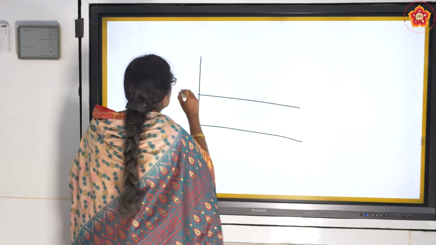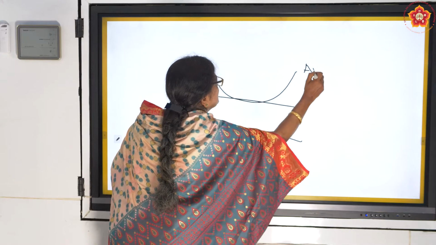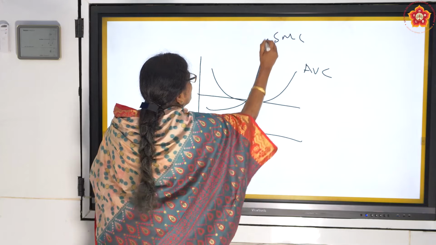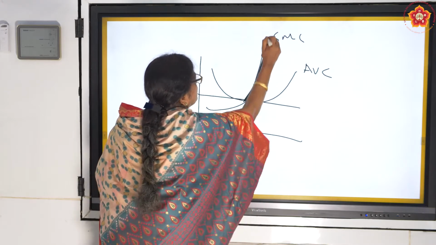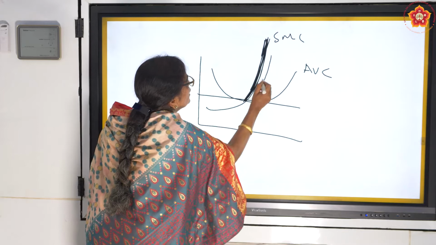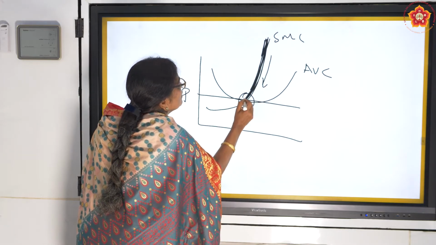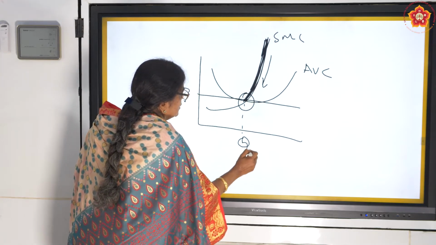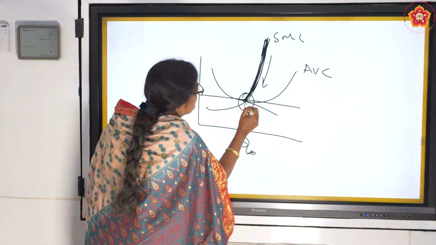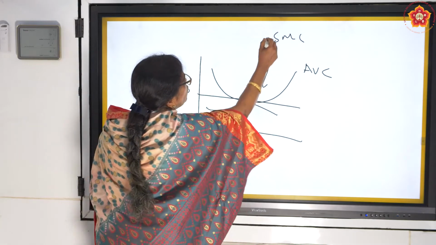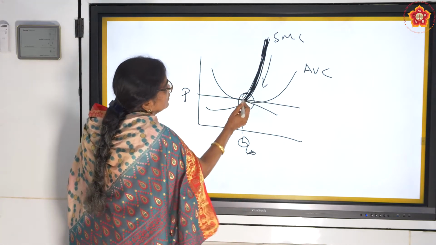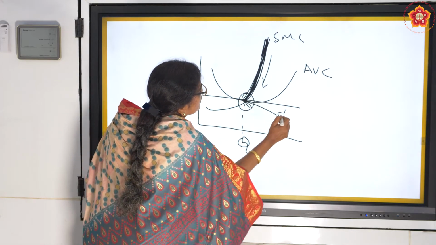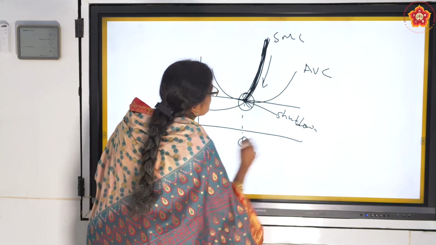I have explained, when you move down along the supply curve, this is our supply curve, this is price, this is AVC, this is SMC, this is our supply curve, this is the thickened portion. When you move down, this is the last price-output combination, the Q naught. When you move down along the positive level of output and reach the last combination between price and Q naught, that point is called the shutdown point.